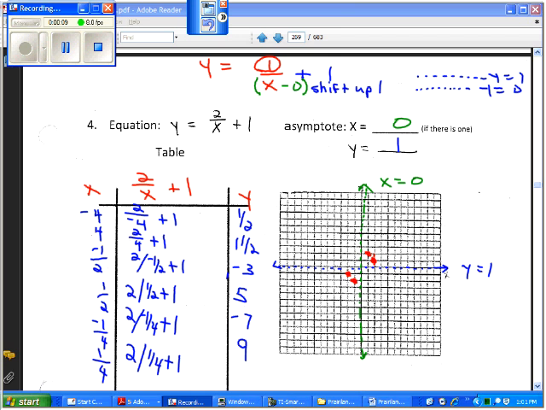The first one was negative 4, 1/2. So we are at negative 1, 2, 3, 4, up 1/2. Let me find it again. 1, 2, 3, 4, up 1. Negative 4, negative 1/2.